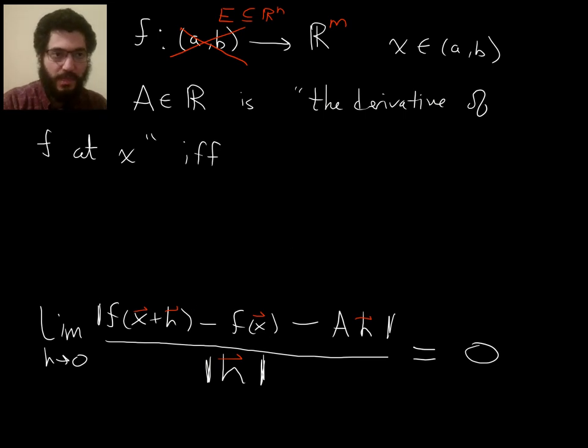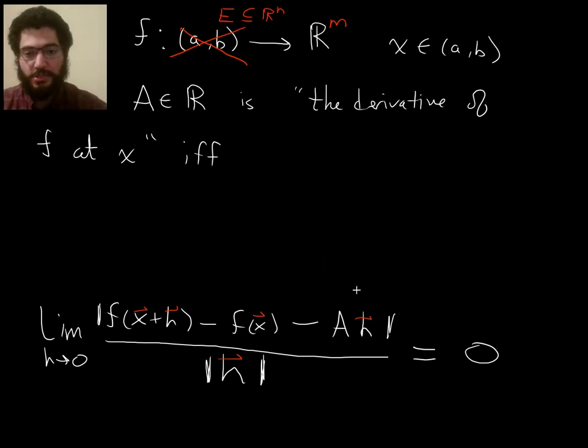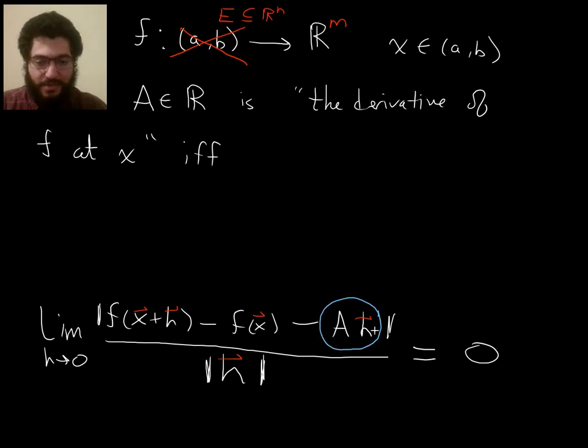But what about this part? What kind of thing is A? That needs to change. So A needs to be such that what's written here makes the entire thing make sense. Okay, so what kind of thing is h? Well, it's not anything. It's the dummy variable for this limit.